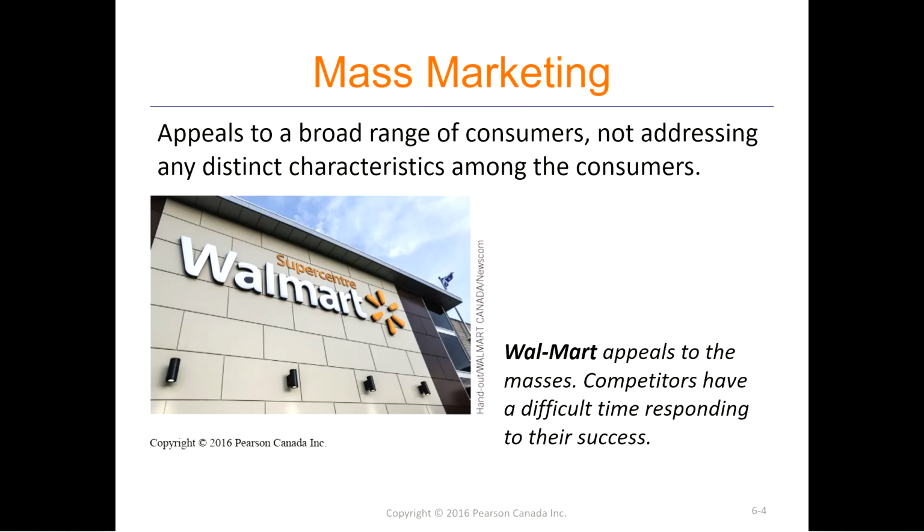Mass marketing appeals to a broad range of consumers, not addressing any distinct characteristics among the consumers, right? So the use of one basic marketing strategy is to appeal to the range of consumers, and mass marketing certainly appeals to the masses, as it says right there, and Walmart is a good example.